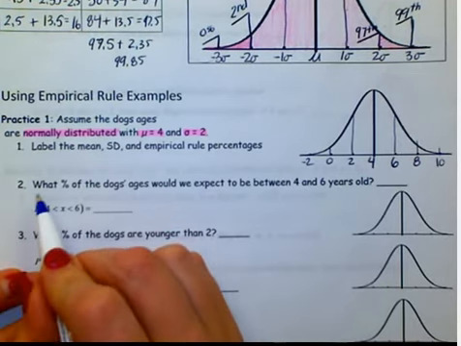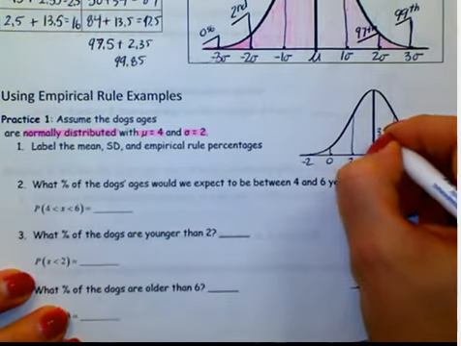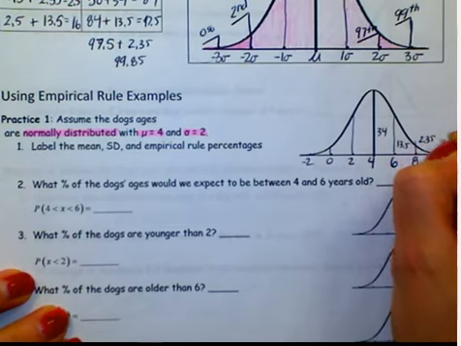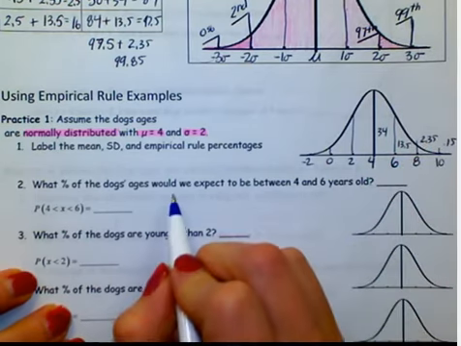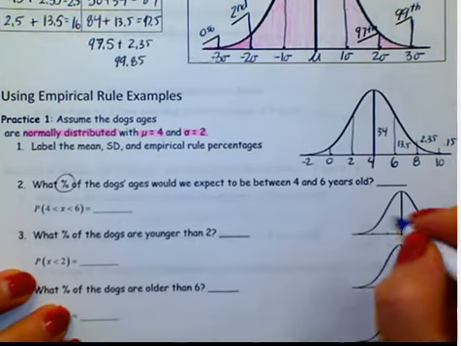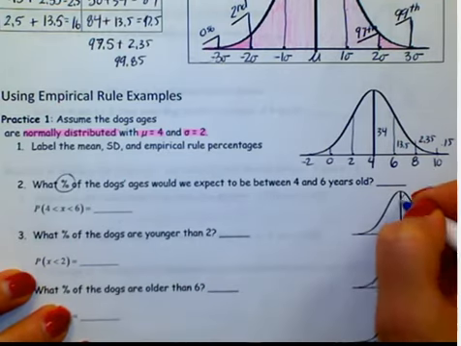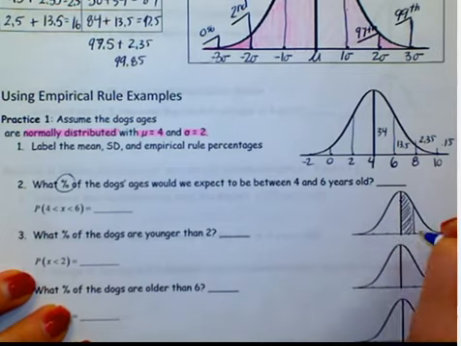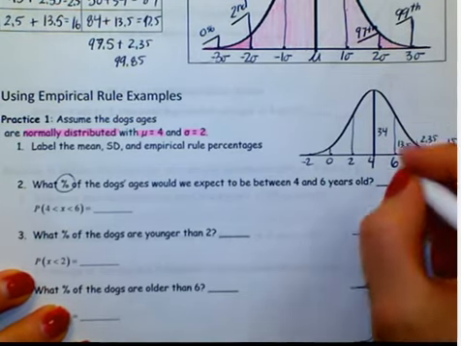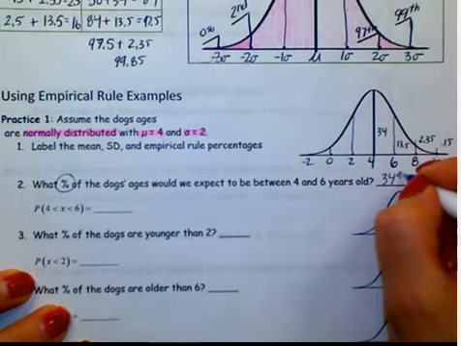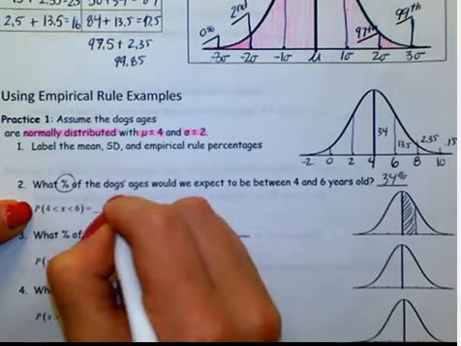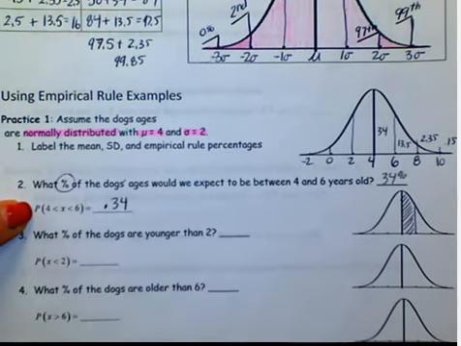What percent of dogs' ages would we expect to be between 4 and 6 years old? And so it's this section right here. And so I check my chart of numbers I've memorized, and I get 34%. This represents probability, which is going to be that number between 0 and 1.